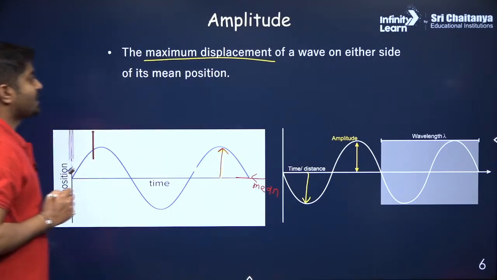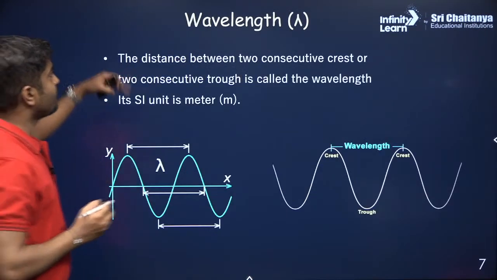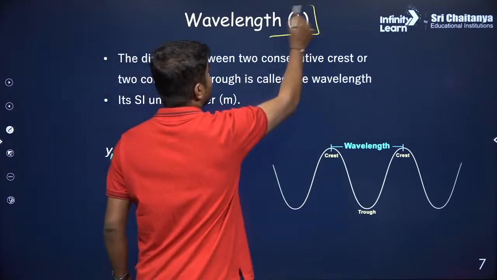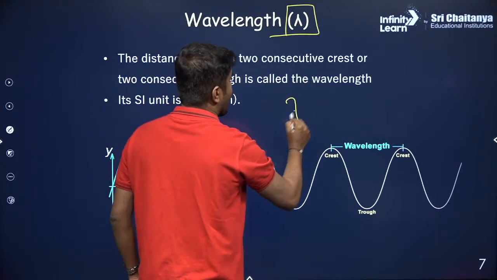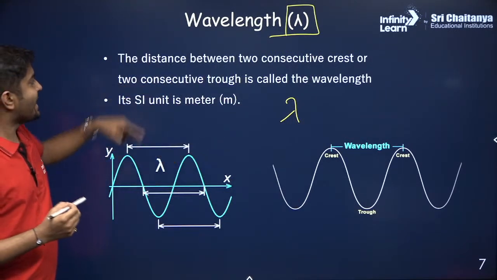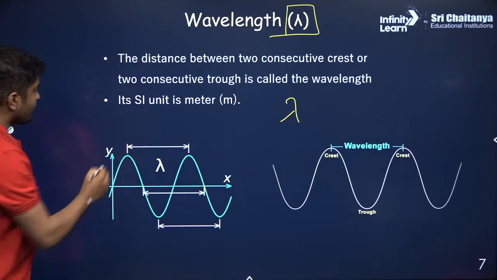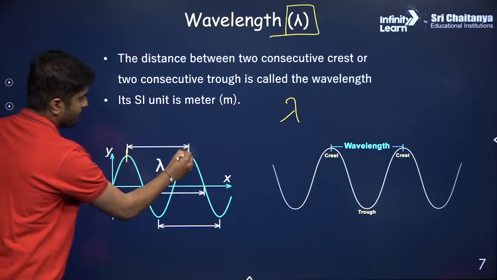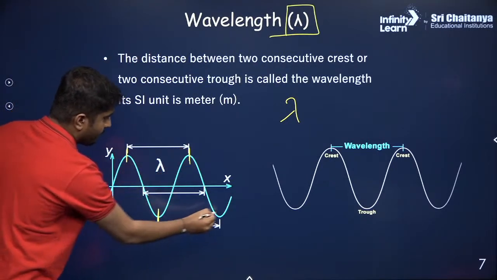Okay, next one is the wavelength. You know this symbol? It is called lambda. This symbol is for the wavelength. So what is wavelength? You see, these are the two maximum and these are the two minimum.